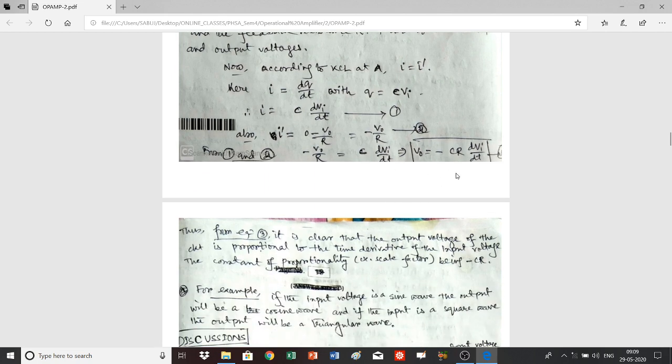So it is clear from this relation that the output voltage is proportional to the time rate of change of the input applied voltage.